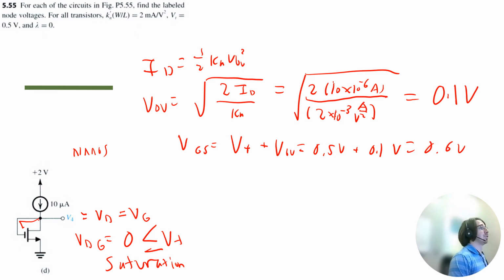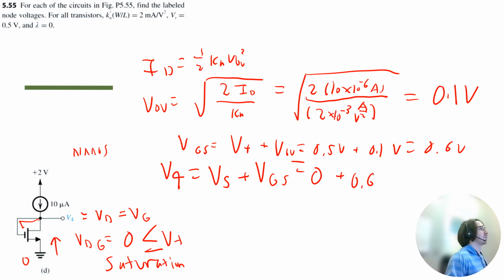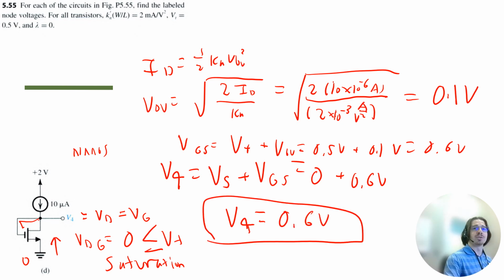And knowing this information, we can solve for V4 because V4 is simply the voltage at the source, if we're traveling up from the circuit, plus the voltage drop across the gate and source, because that'll take us to the voltage at the gate, which is equal to the voltage at V4. And we can see that the source is grounded, so it's just going to be 0 plus 0.6 volts. So V4 is equal to 0.6 volts. Okay, let's move on to the next circuit.